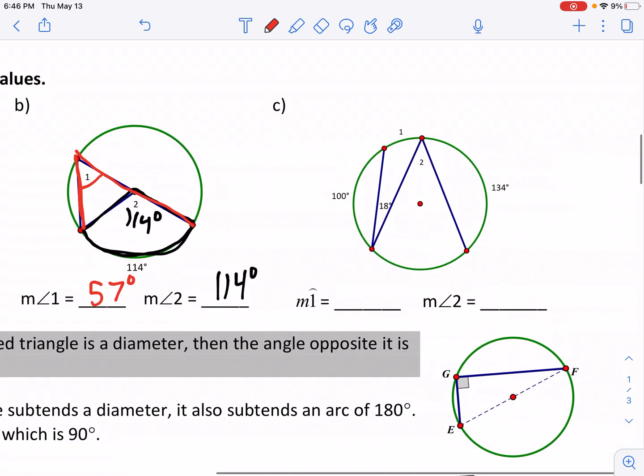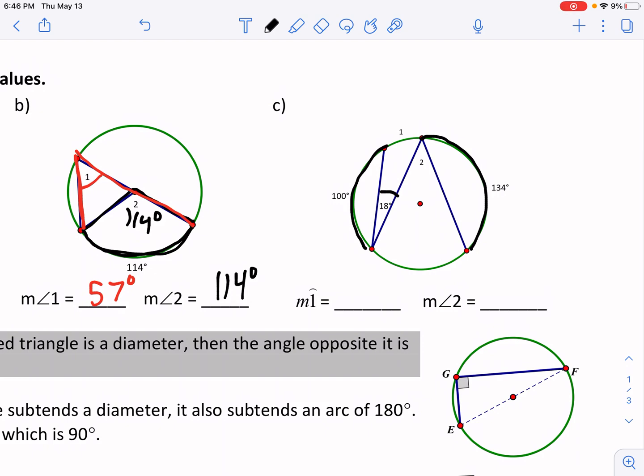Let's try C. On part C, let's just work with what we're given here. We see that this arc is 100. This one is 134. We don't know what the inscribed angle 2 is going to be, but we do know this inscribed angle is 18 degrees.